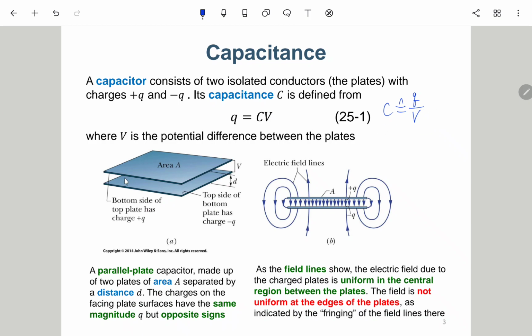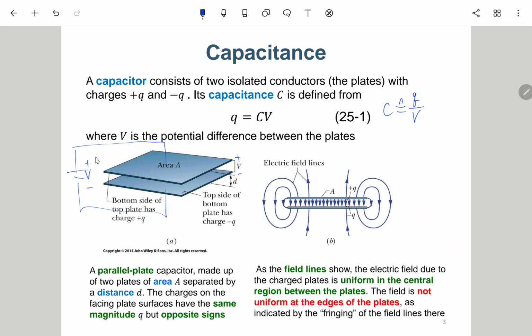Actually it's like this. Here we have the parallel plates, and if we try to apply some potential difference to them, let's say we just put a battery here, then there will be a potential difference V between these two plates.